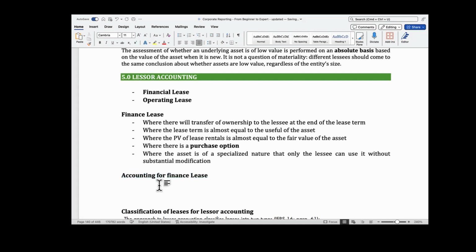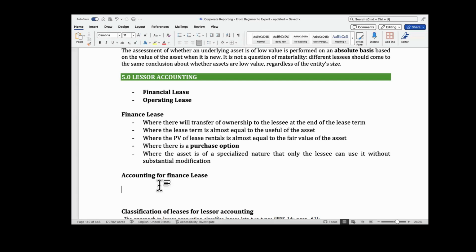You should have noted that the classification of leases into finance and operating lease is only looked at from the standpoint of the lessor. The lessee doesn't look at that. The lessee just recognizes a right of use asset and lease liability. It is the lessor that needs to understand the class of lease.